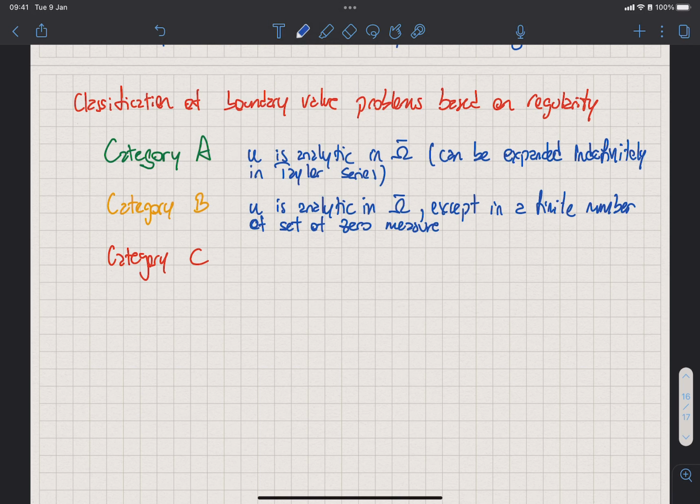Essentially, if I have a problem that is not in A or B, I can put it in C. Pretty much every other problem that is not in these two categories goes in C. And of course, those are the ones where the solution is singular, not in a set of zero measure. So u is not in A nor B.